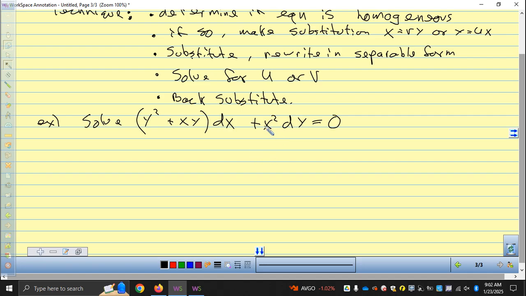We possibly could try an integrating factor. That would be something to try. But we can also look and see if this is homogeneous. ty squared plus tx times ty is t squared times y squared plus xy, and tx squared is t squared x squared.